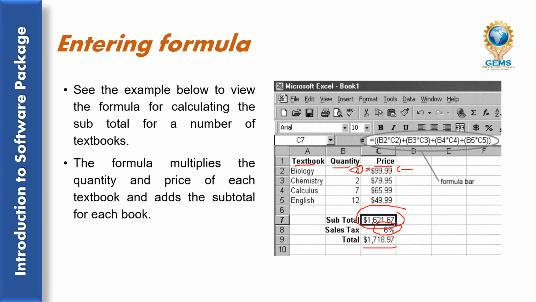99.99, plus again B3 times C3, where the B3 value is 2 and the C3 value is 79.95, plus B4 times C4, where the B4 value is 7 and the C4 value is 65.99, plus the B5 value 12 times the C5 value 49.99.